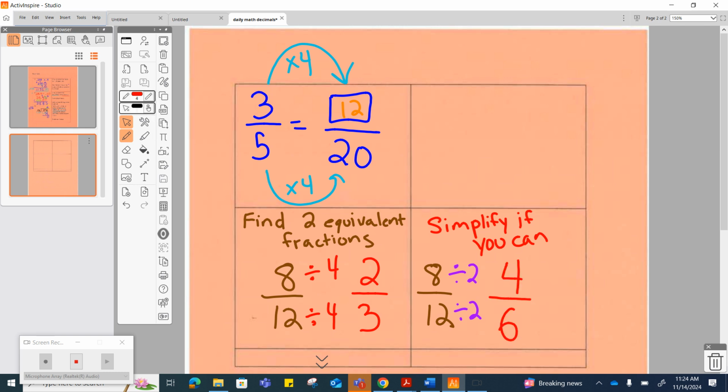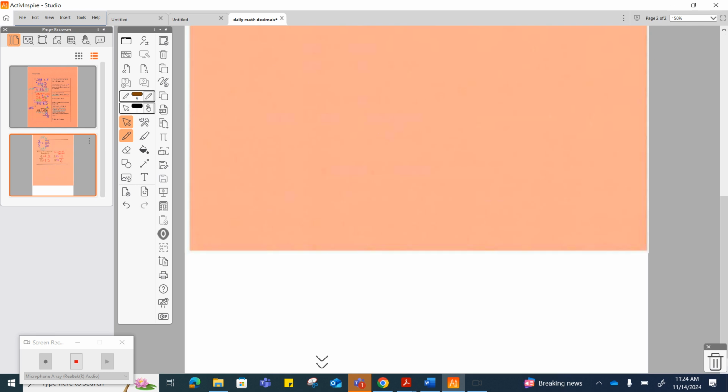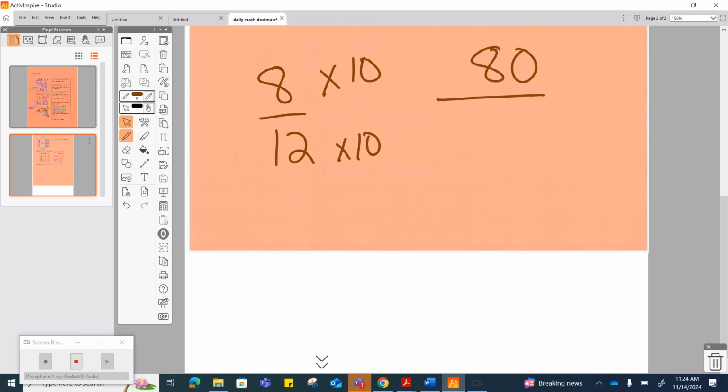I also can multiply by any number. So for instance, if I had 8/12, and let's just say I decided to multiply by 10, because that's easy. Okay? So that should help you for your quiz tomorrow.